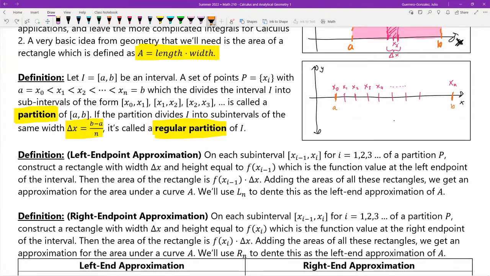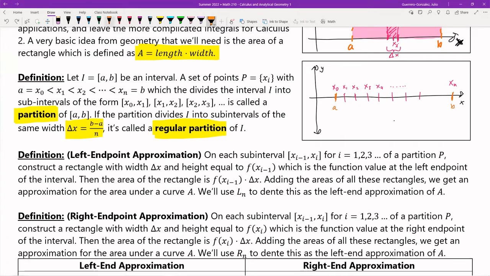So you can chop up the interval A to B however you want, right? So some pieces can be bigger, some pieces can be smaller, right? But if you do it where each piece is the same size, then you have a regular partition, okay?